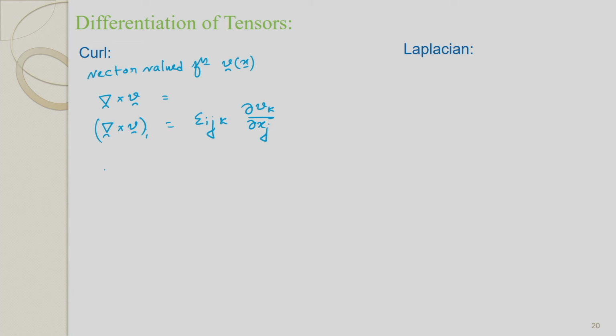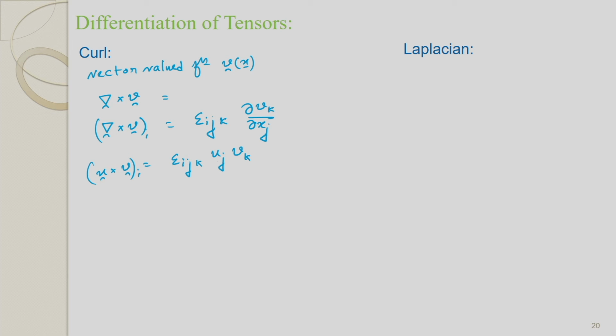Now, if you remember, for the cross product between two vectors, the ith component is epsilon I j k u j v k. So, the similarity is that instead of u we have the del operator. So, instead of u j it is del del x j. You can remember with this similarity.